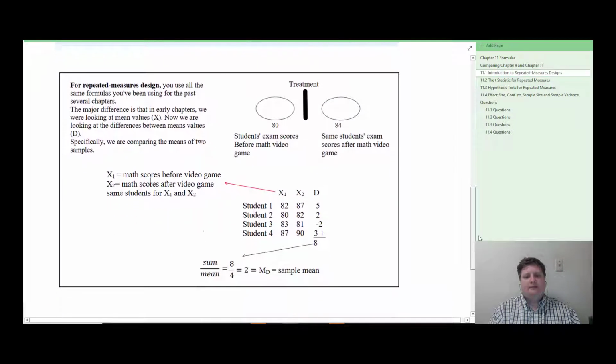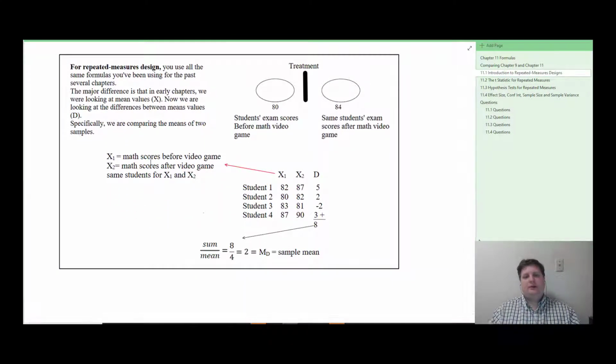All right. So this is really the only big difference. The only big difference is D-scores. Other than D-scores, this is, like I said, just like chapter 9. So if we go to my math video game example, which I know I've used in the past, again, we'd have one sample of students we test before they played the video game and after they played the video game.